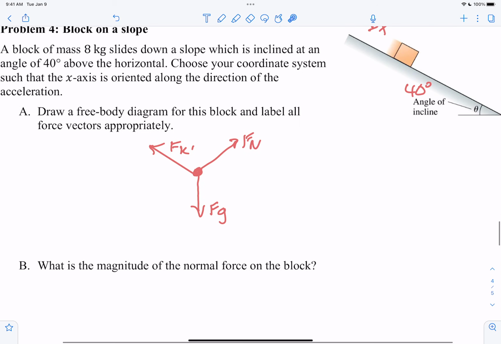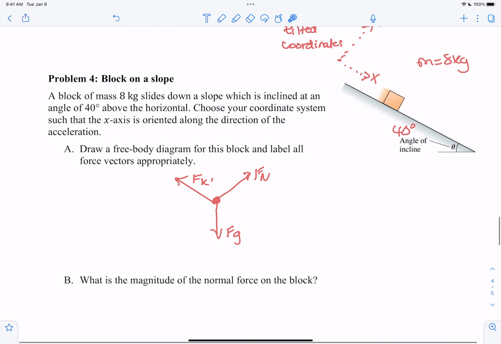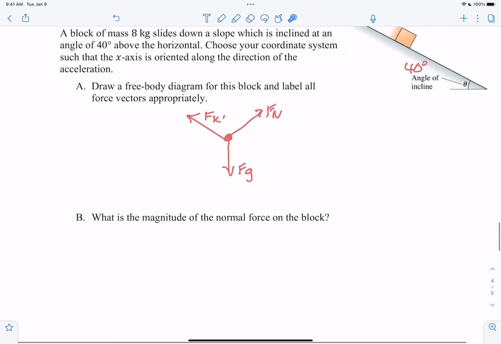The thing is, since we have tilted y coordinates, it's not Fn that should be as big as Fg. Because Fg is directly downwards, based on our tilted coordinates, it's not in the y direction. It's a little bit of both, a little bit of y and a little bit of x.